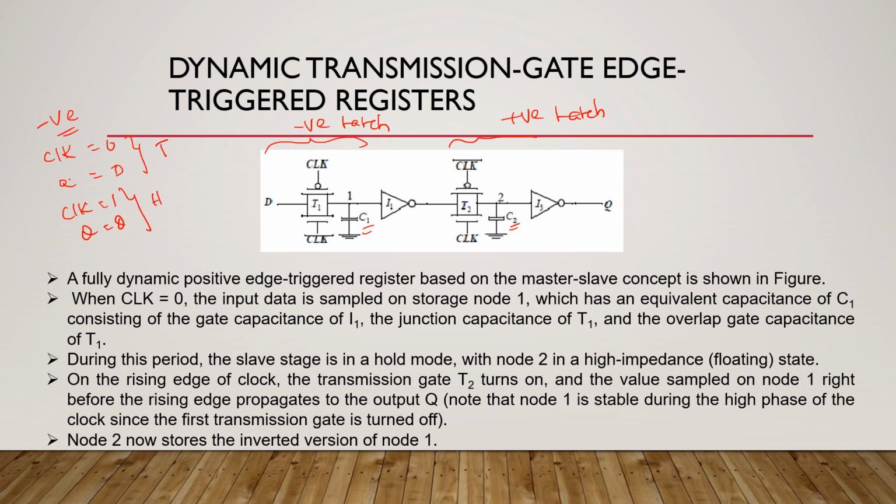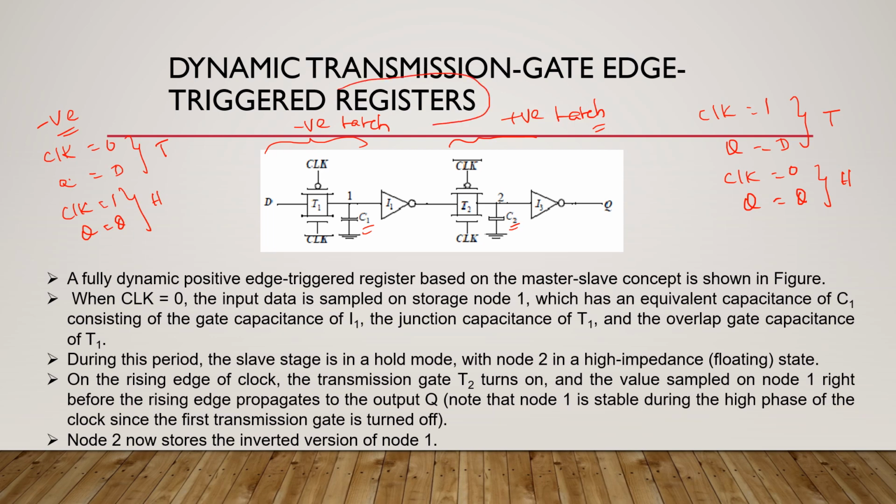Whereas in the positive latch, when my clock is 1, my output equals the input, so the latch is in transparent mode. Similarly, when my clock is 0, Q equals Q, that is, it holds the previous data, so the latch is in hold mode. If you want to design a register, we need two latches. The first is a negative latch and the second is a positive latch, which is called a positive edge-triggered register.